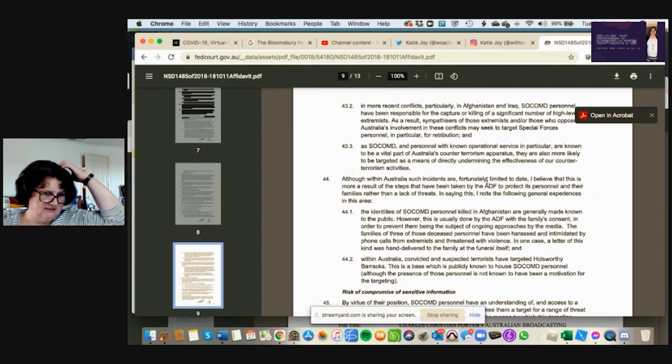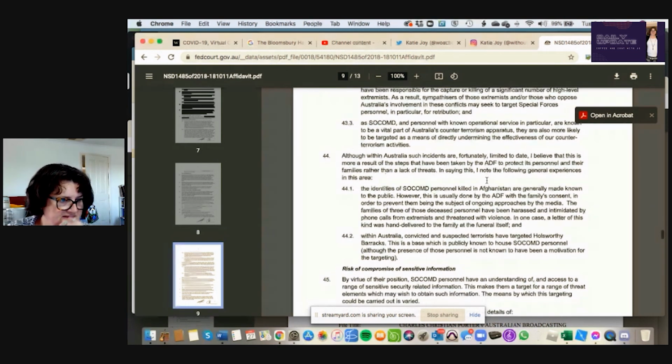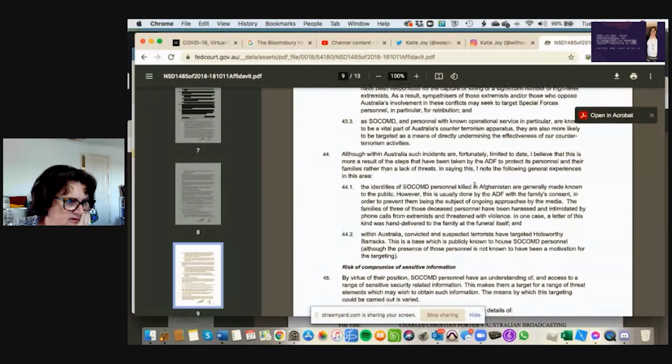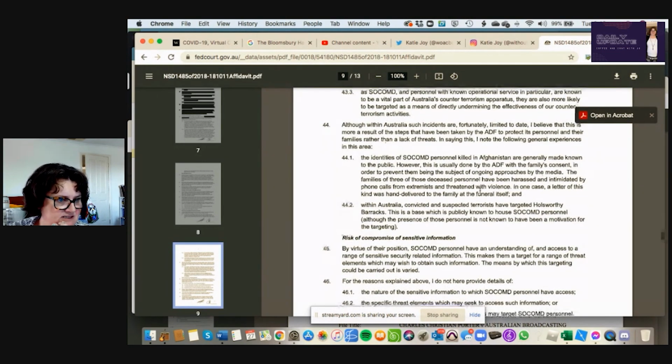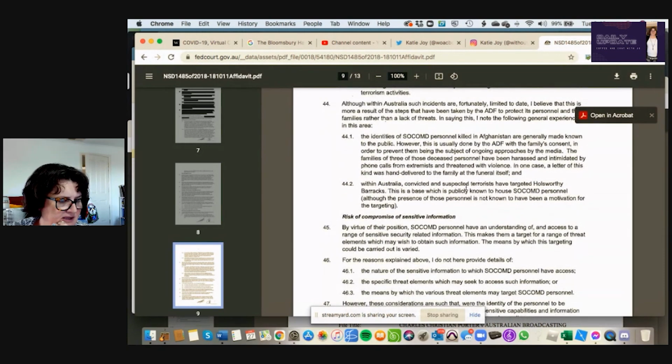Although within Australia such incidents are fortunately limited to date, I believe this is more likely a result of the steps that have been taken by the ADF to protect its personnel and their families rather than a lack of threats. In saying this, I note the general experiences in this area. The identities of the SOCOMD personnel killed in Afghanistan are generally made known to the public.